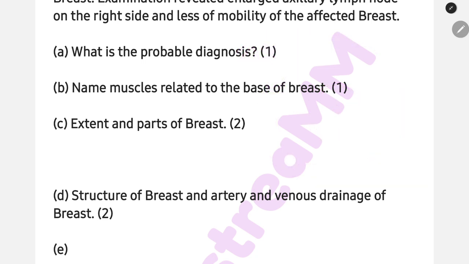So parts of the breast: nipple, areola, axillary tail of Spence. Structure: parenchyma and stroma. When they ask only structure, write everything under this topic.